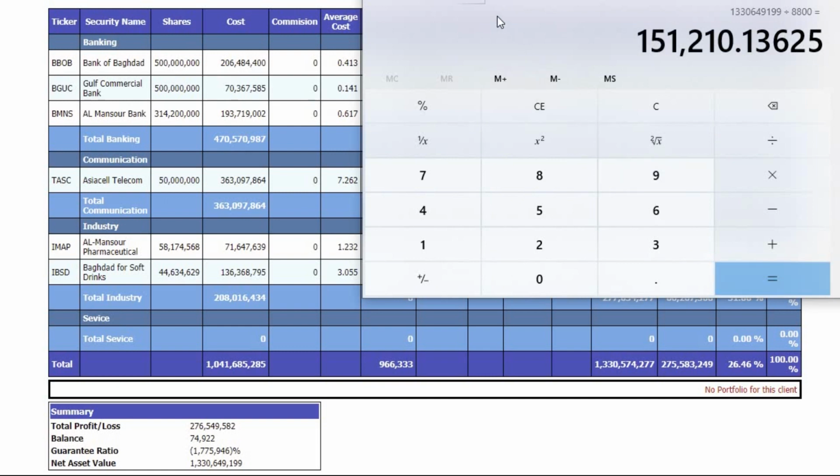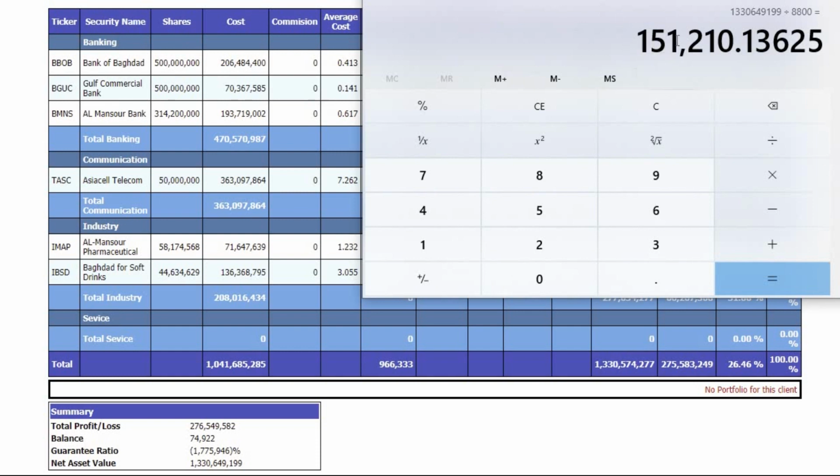and that means that each block is currently valued at 151,210 dinar. Roughly, I'm not even sure what the rate is, the 1460, but you can play with that all you want.